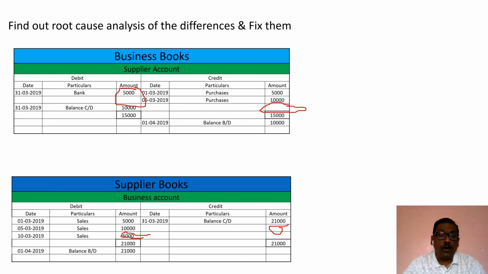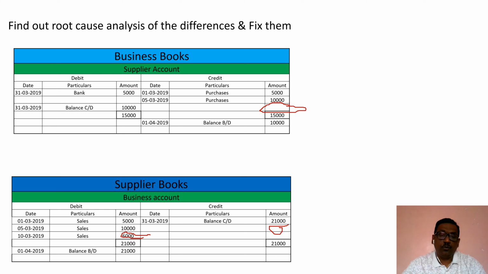I need to follow up for the 6,000 rupees goods receipt. As soon as I see the goods received in my premises, I should make sure that the 6,000 is recorded in my books as a purchase. In a similar way, as soon as the payment is received by the supplier, he should also ensure that it is recorded in his books of accounts so that both the balances will match. Clear?